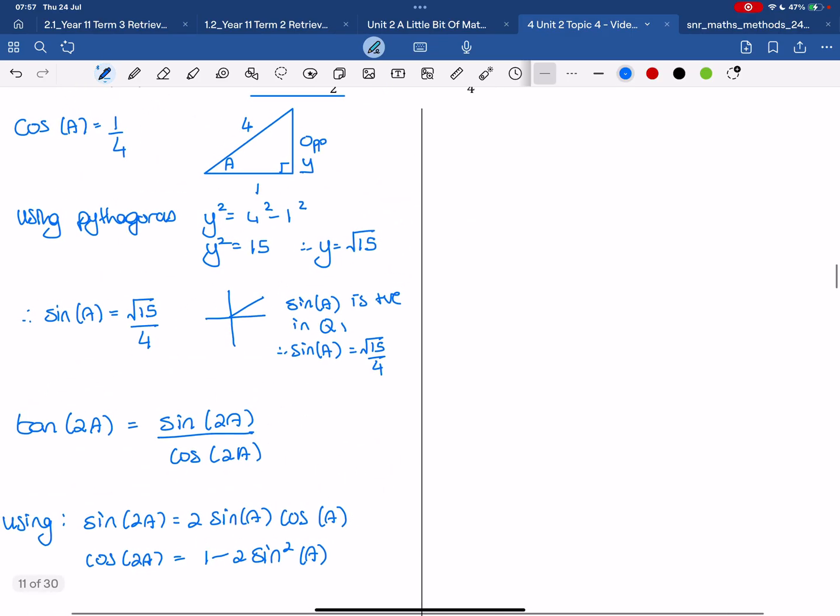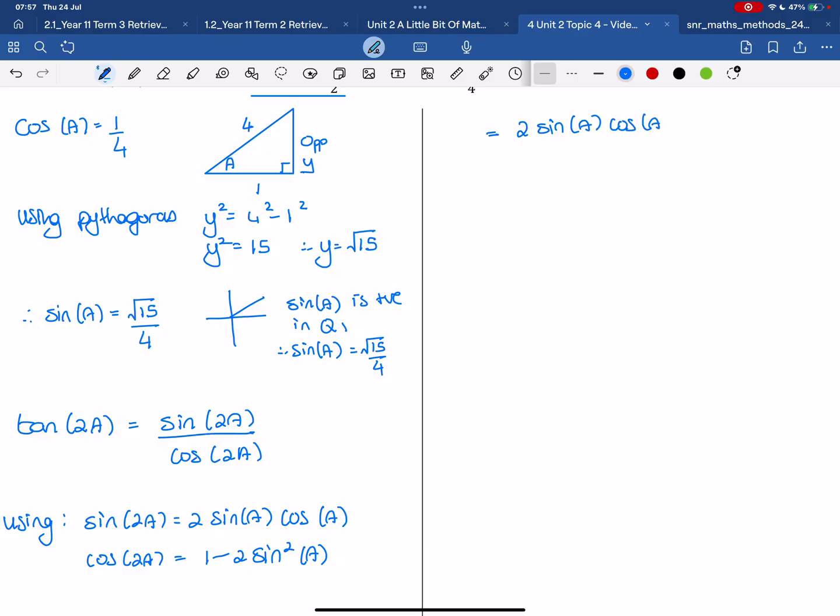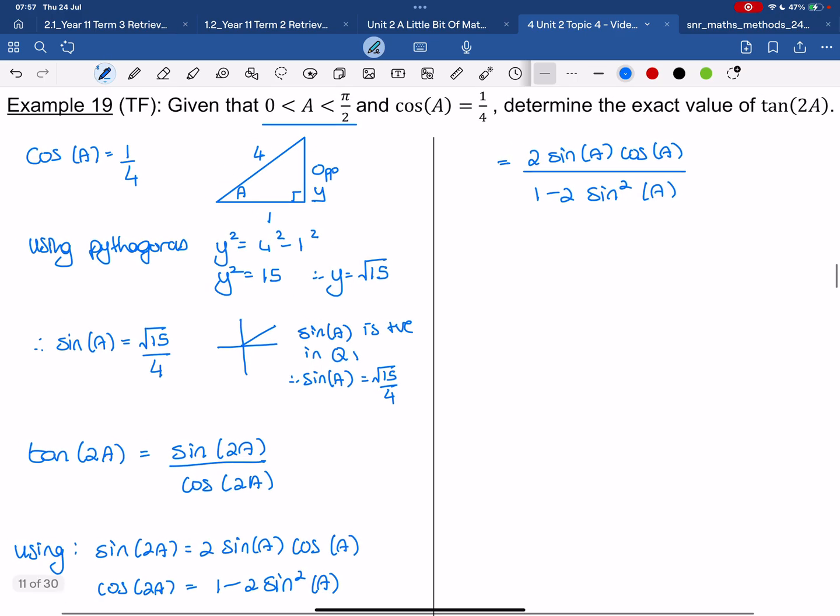So let's have a look. Then I can say that's equal to 2 sine of a cos of a over 1 minus 2 sine squared a. All right, now all I need to do is put my various values in.